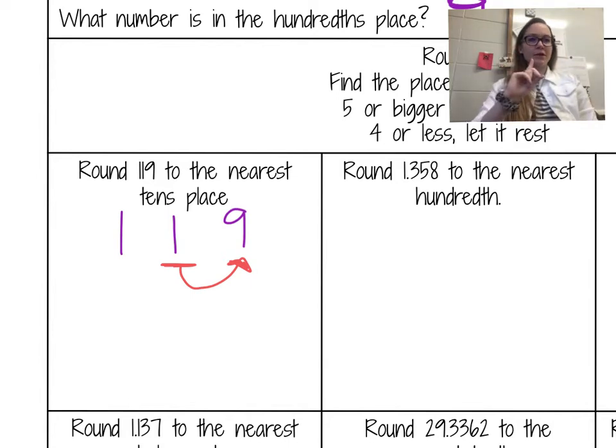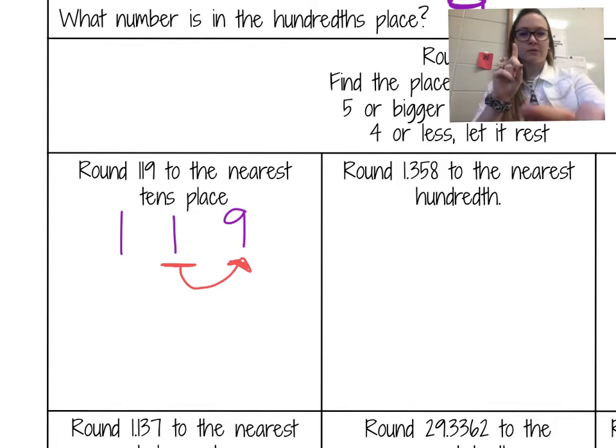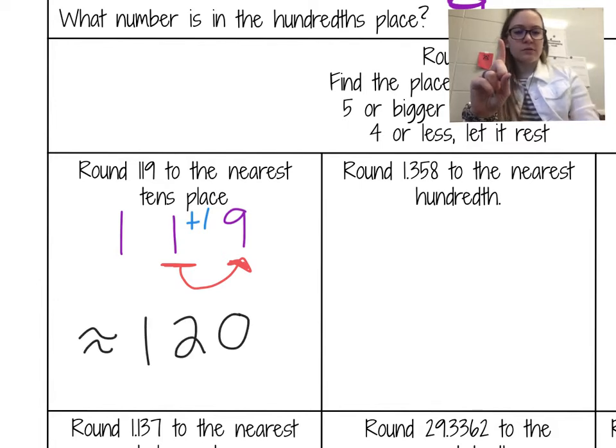Okay, so I found my place, I underlined which number I want to round, I looked to the right. If that number is 5 or bigger, we add 1 more. Okay, so since 9 is bigger than 5, I get to add 1 to that 1, and it becomes 120, okay?